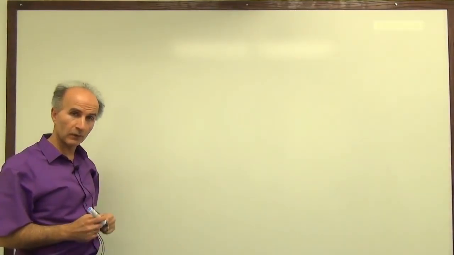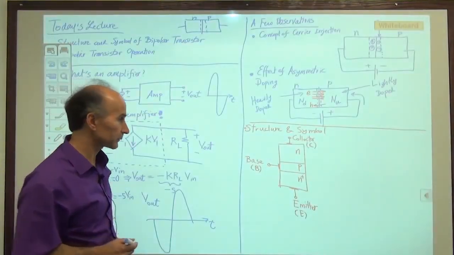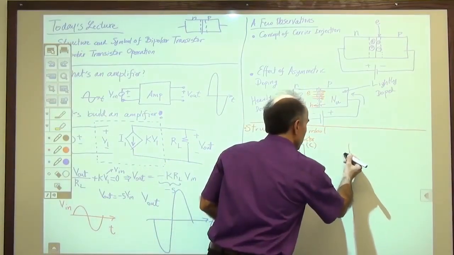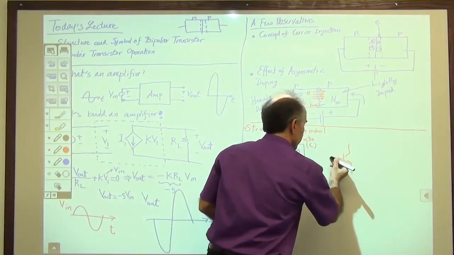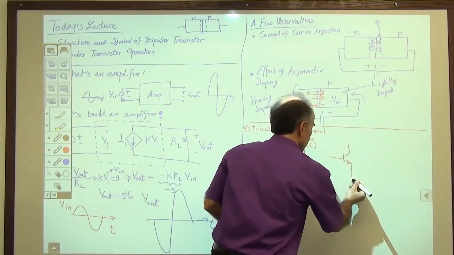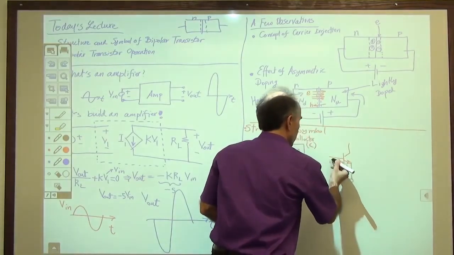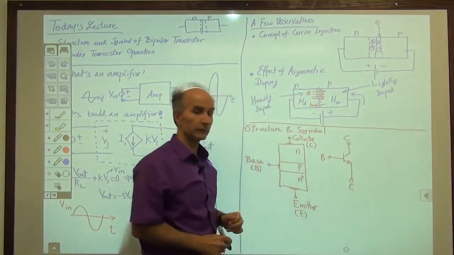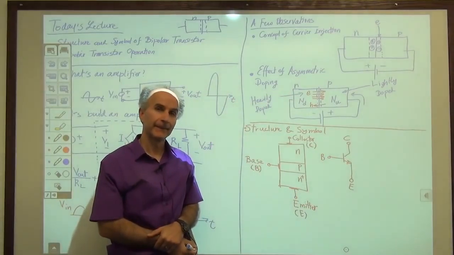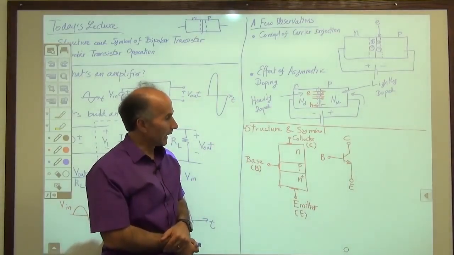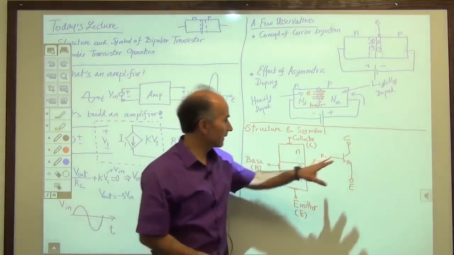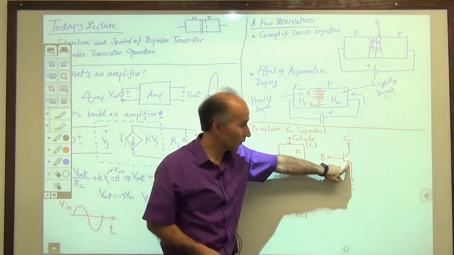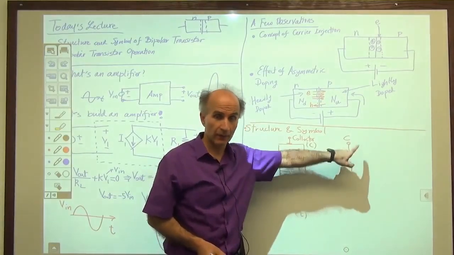And I'll show you the symbol for the bipolar transistor. Okay, well, we have three terminals. So here's a bipolar transistor with three terminals. This is the emitter, this is the base, this is the collector. You can see that this symbol is also asymmetric, and this arrow is what distinguishes the emitter from the collector.